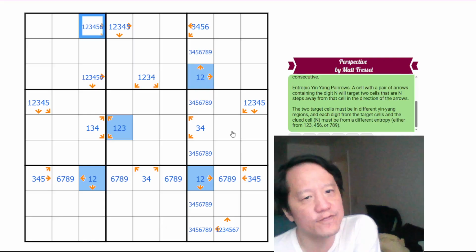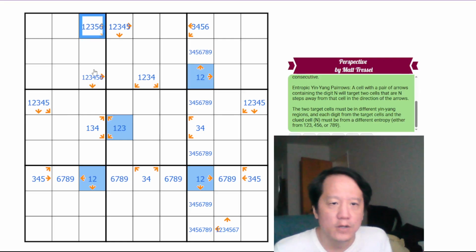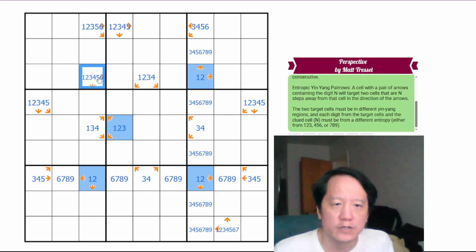This cannot be 4 because we need a high digit from one of these two, and neither of them could be high. This can't be 4 because this would be a 1-2 pair, and they would both be low.